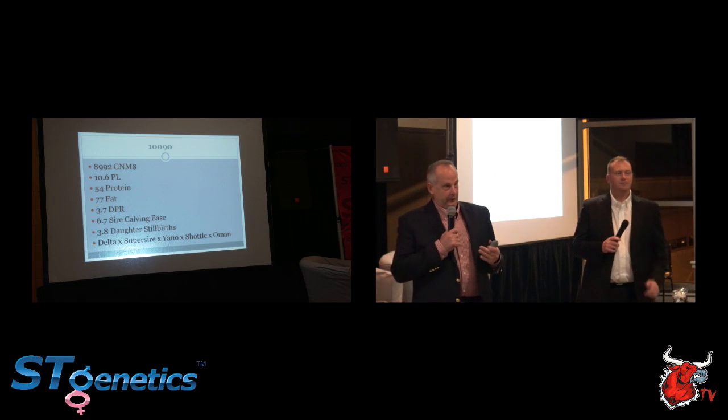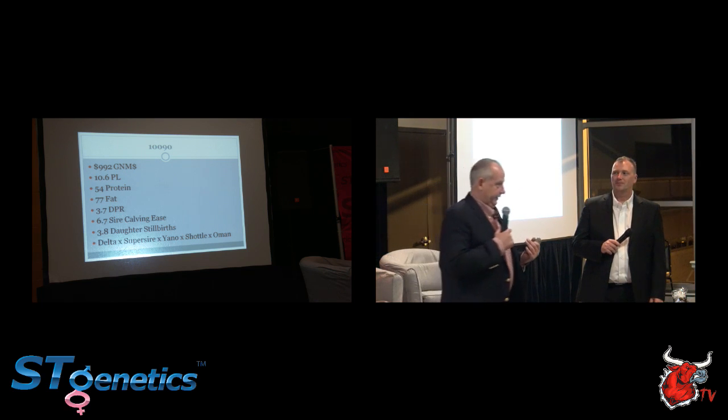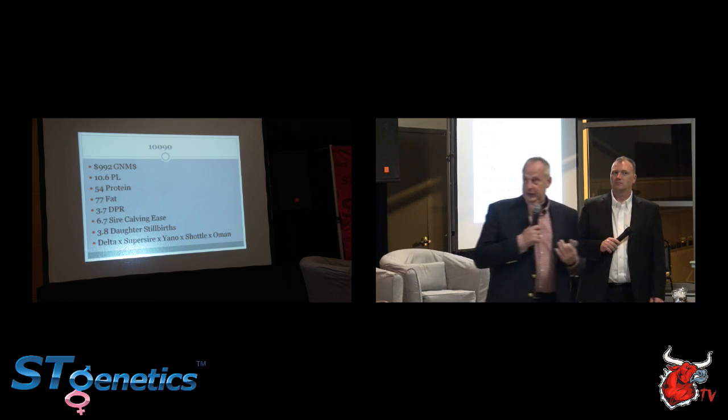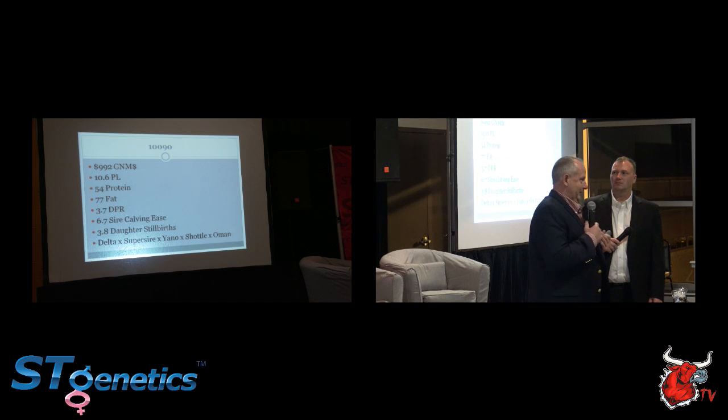Even though it's a small number compared to the big picture, all those things, the effect on your employees, and all those other things, that's really critical that we work on that trait along with DPR, 54 protein and 3.7 DPR. That combination is hard to achieve because usually protein and DPR do not correlate real well.